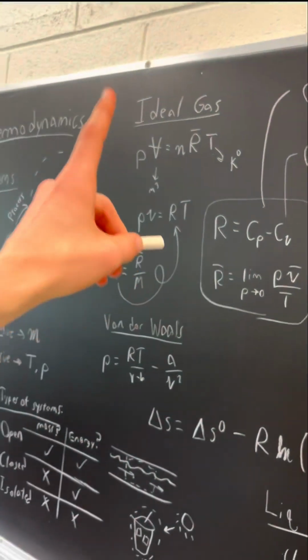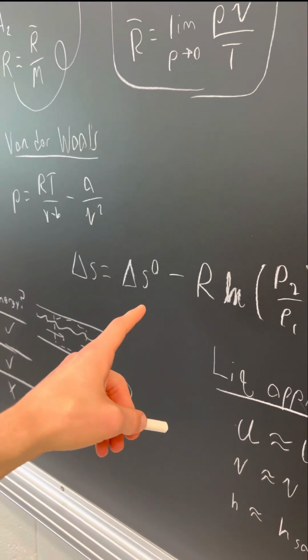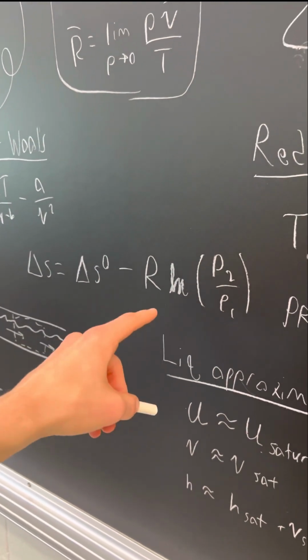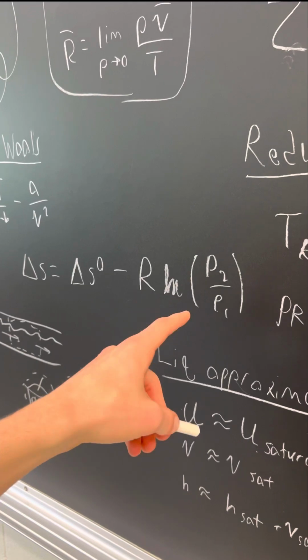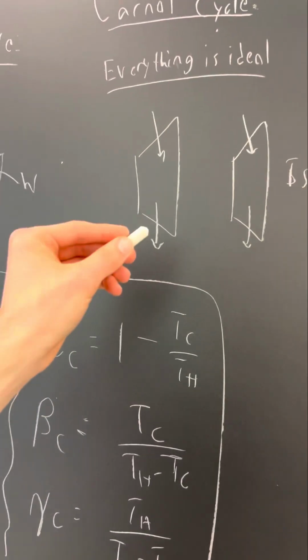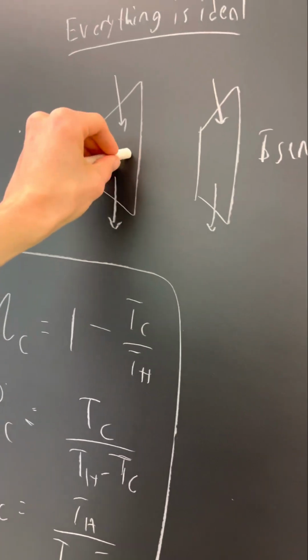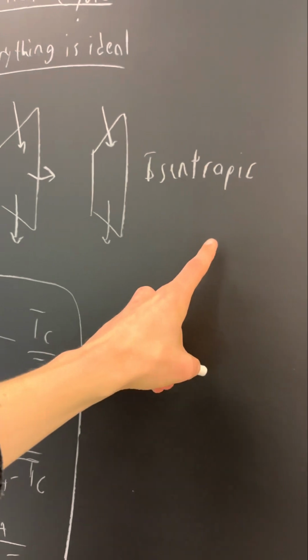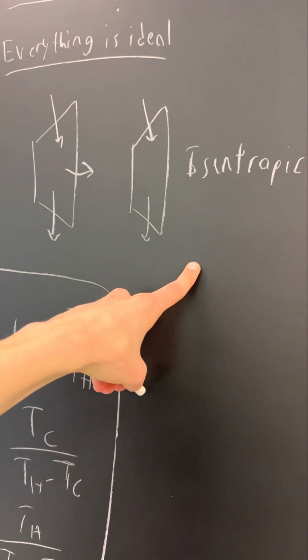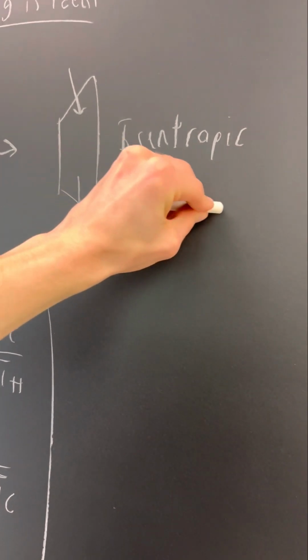We also have this equation to add to our ideal gas equation, which says that the change in entropy is equal to the change in entropy superscript O minus gas constant R times the natural log of the second pressure over the first pressure. Okay, so we have this idea of a normal turbine which takes in some enthalpy and then puts out some enthalpy of water to generate work. But then we also have the idea of an isentropic turbine, which basically says that there's no entropy produced, or sigma is equal to 0.